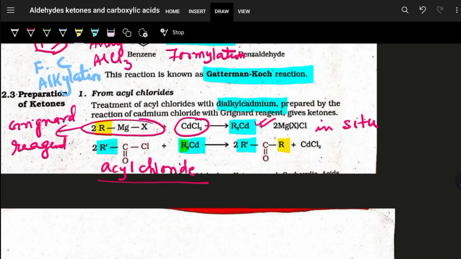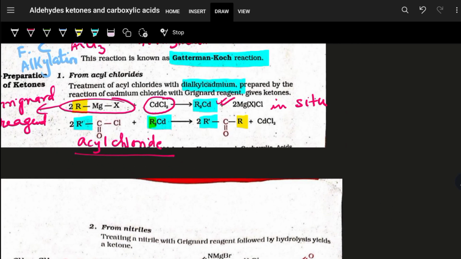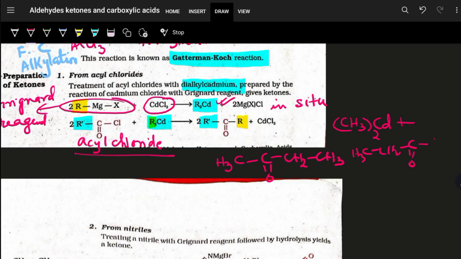So if I say that you have to prepare, say, CH3 C double bonded O CH2 CH3, then how can I prepare it? I can prepare it by using, say, (CH3)2Cd in presence of CH3CH2C double bonded OCl.